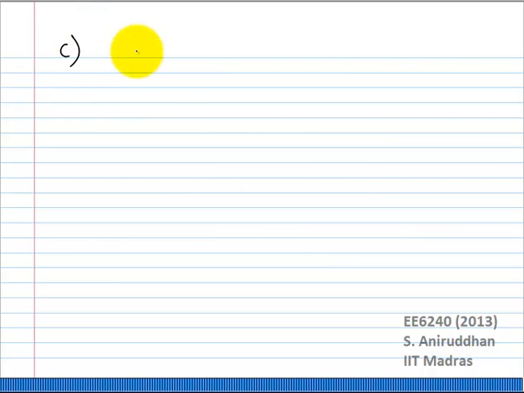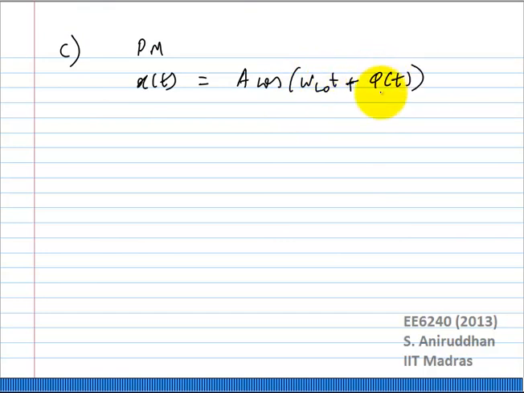Okay. So let us say you were trying to transmit PM or FM. Let us take the case of PM. X of t is some A cos(omega LO t plus psi of t).